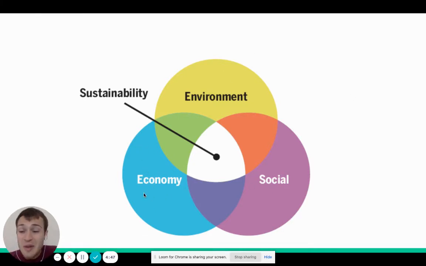And that must mean maybe it's good for today, but maybe in the future, it's not going to be great. And so when we're thinking of solutions, we need to have sustainable solutions that are good for all three of these things, the environment, economy, and society. So we're mostly looking at solutions that we want to find right here in this white spot in the middle. Those are things that are good for all three of these factors.